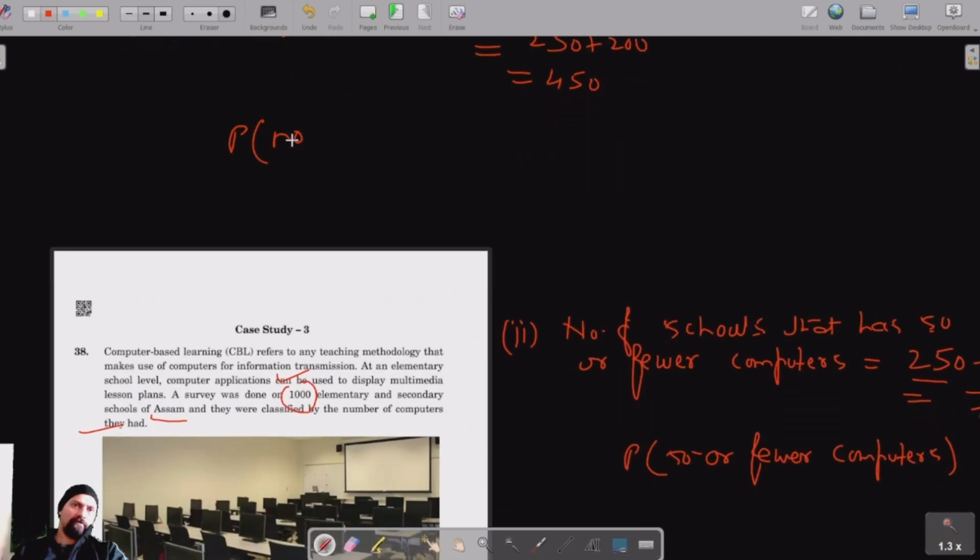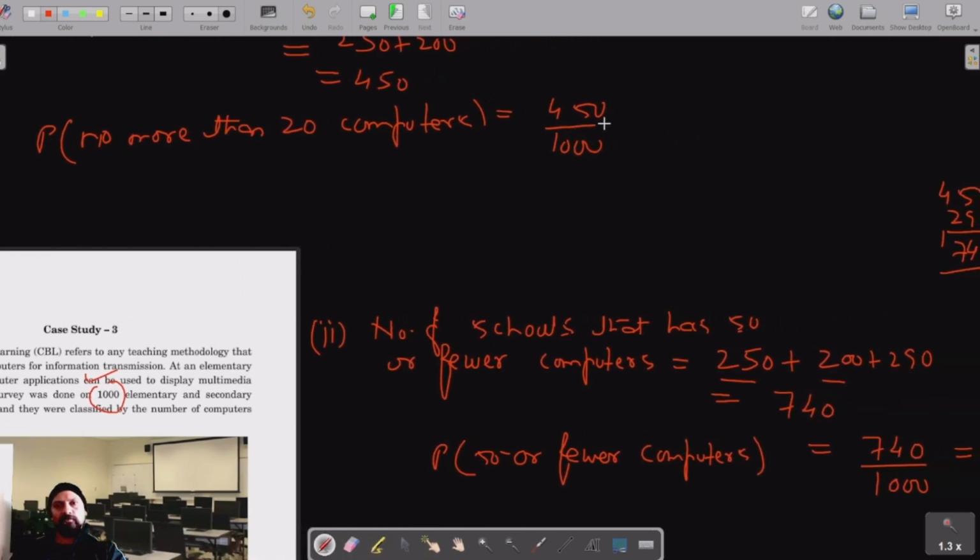And we have to find the probability of no more than 20 computers, which is 450, and total schools surveyed were 1,000. So this is 0.45.